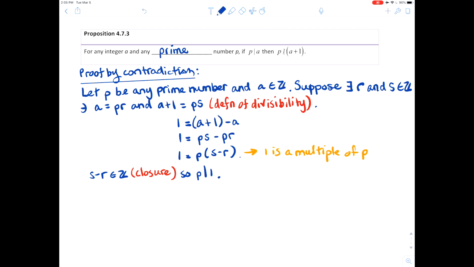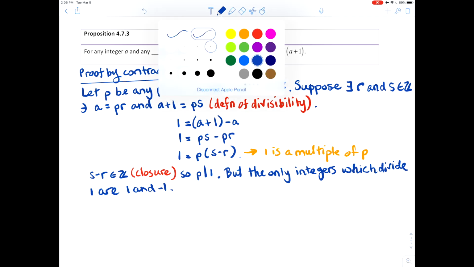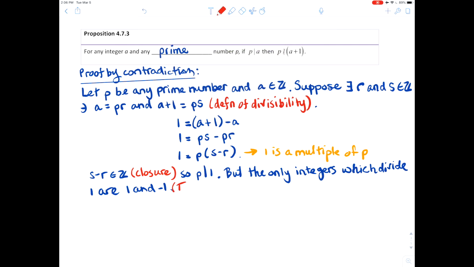But remember, the only integers, and we proved this, the only integers which divide 1 are what? Beautiful. 1 and -1. That was, by the way, Theorem 4.3.2.